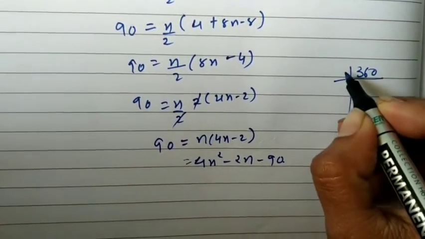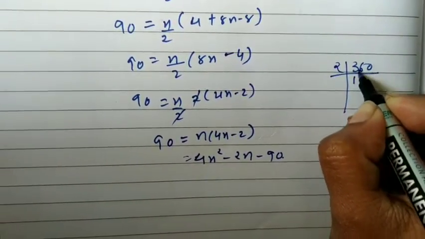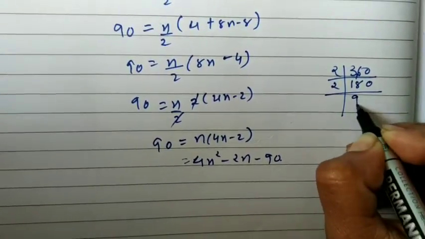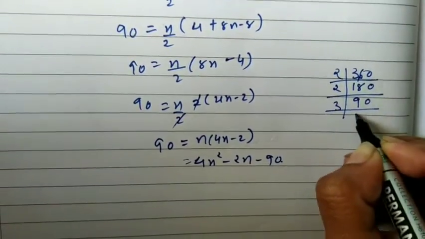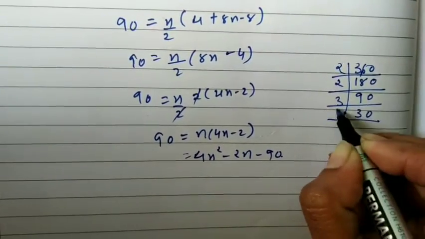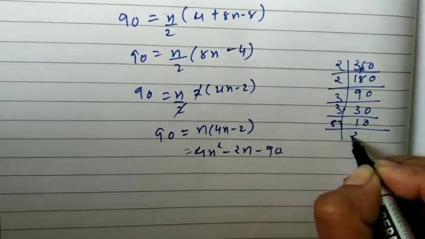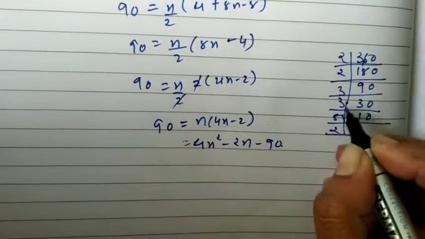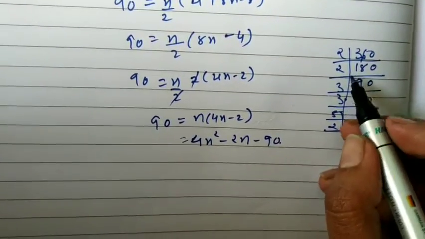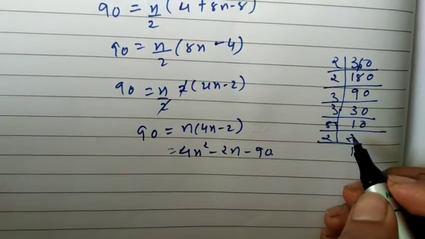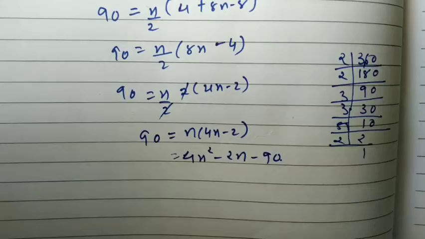So let us do the process. 2 1s are 2, 2 8s are, 2 9s are, 3 3s are 9, 3 1s are 3, 5 2s are 10 and 2 1s are. So here we got some factors, so we have to make a combination of them so that on subtraction we get 2.